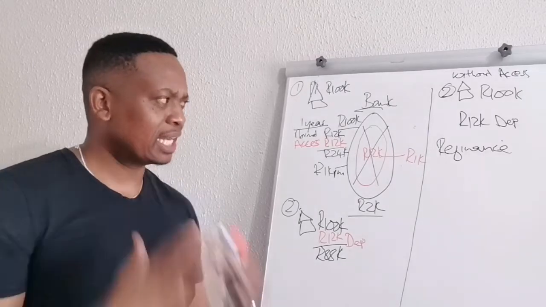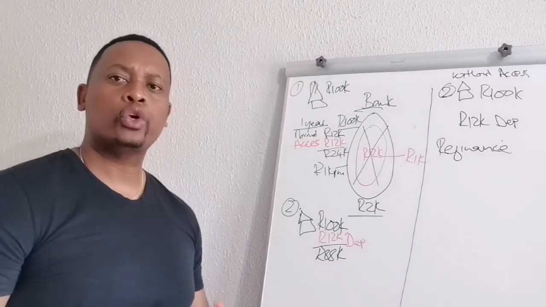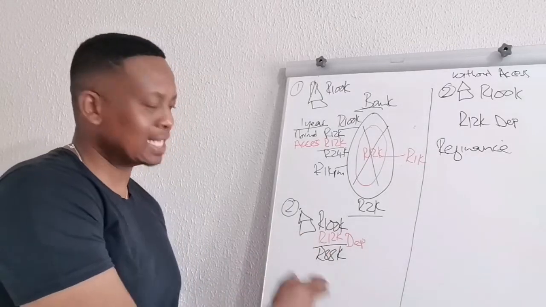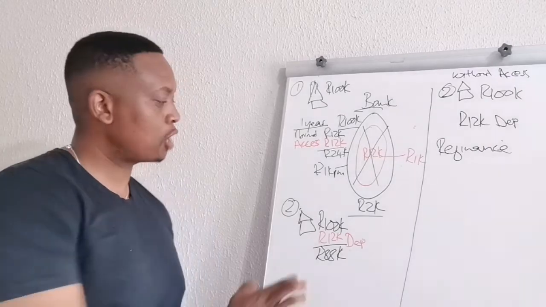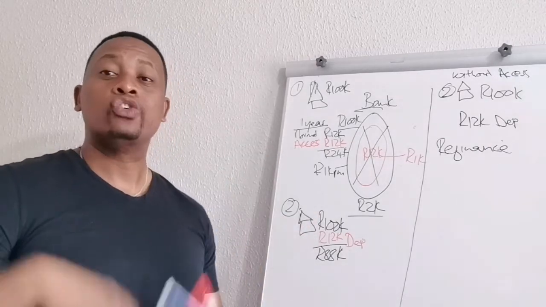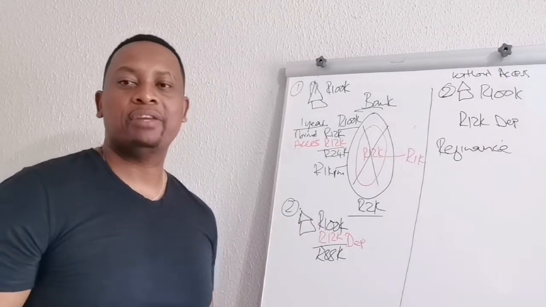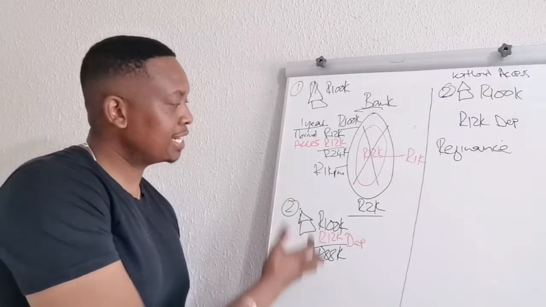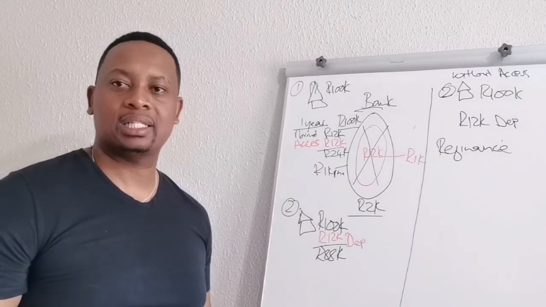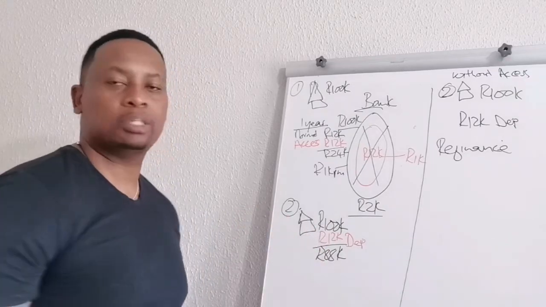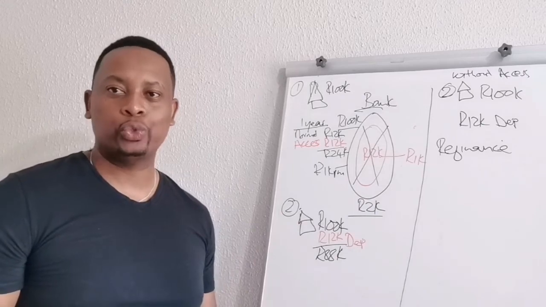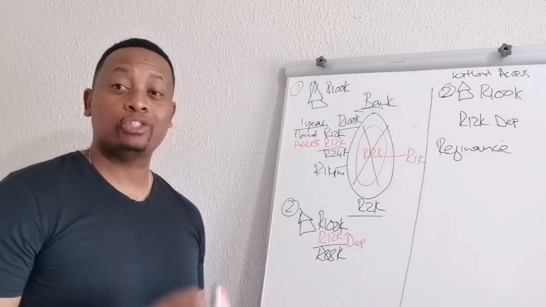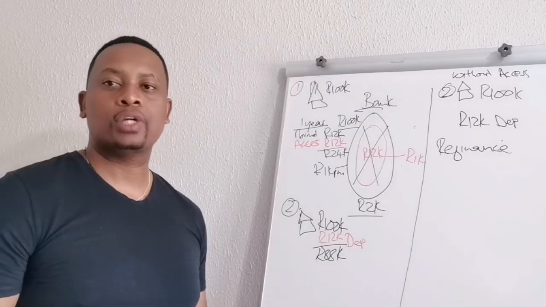If tough times come like they are right now, you can go and dip into that money, but it can also allow you to take advantage of opportunities, especially if you are actively investing in property. So now you are seeing opportunities, you buy more properties. You can then use the funds that are sitting in that access facility to put down deposits if it requires you to. So it allows you to be flexible around those funds that you are putting additionally to what you are supposed to pay.